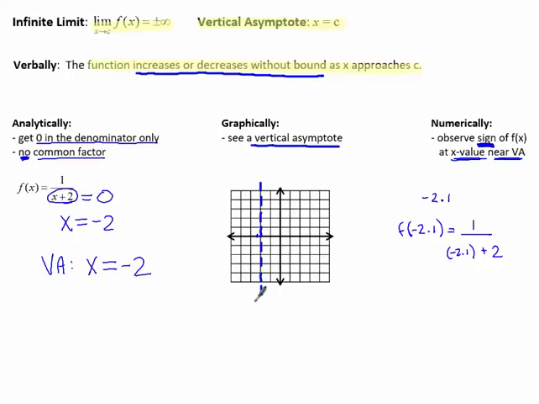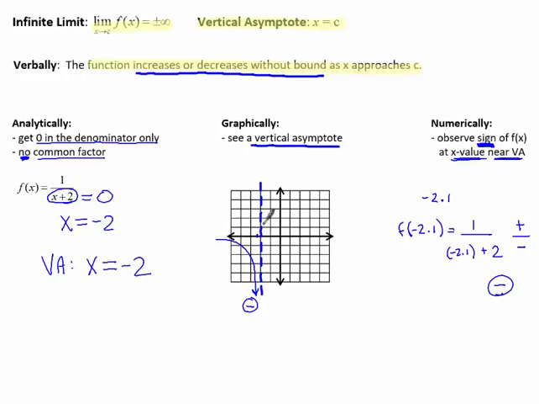So I notice the numerator is positive 1, and the denominator, because this is a larger negative number than a positive number, adding them together results in a negative number. And a positive number divided by a negative number makes a negative number. So I know that the function will be decreasing without bound as we approach that vertical asymptote from the left, headed down towards negative numbers.